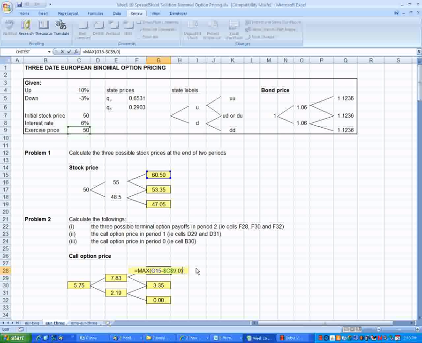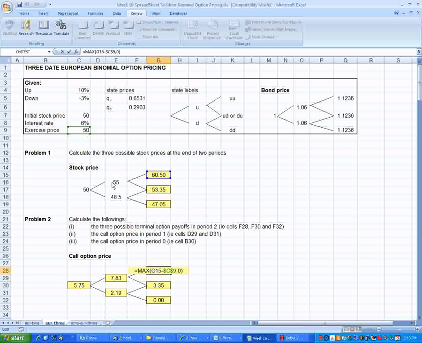For the top leaf, we take the value of the stock price in that top leaf, $60.50, and we subtract the exercise price, $50, or 0. Now, if we take $60.50 and subtract 50, we get $10.50, and that's clearly worth more than 0.